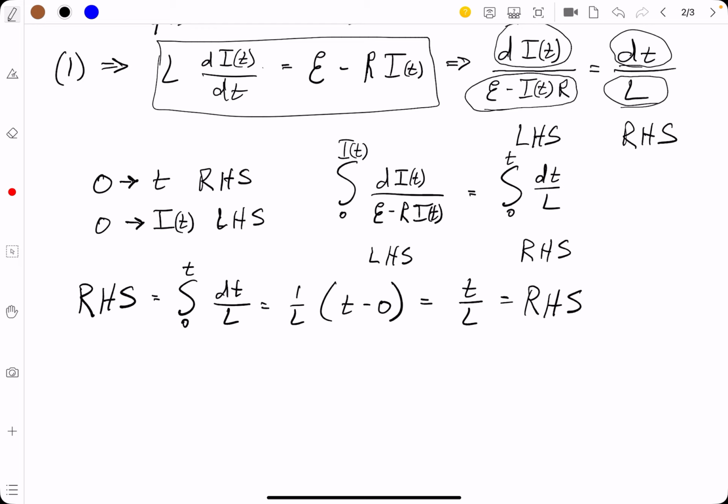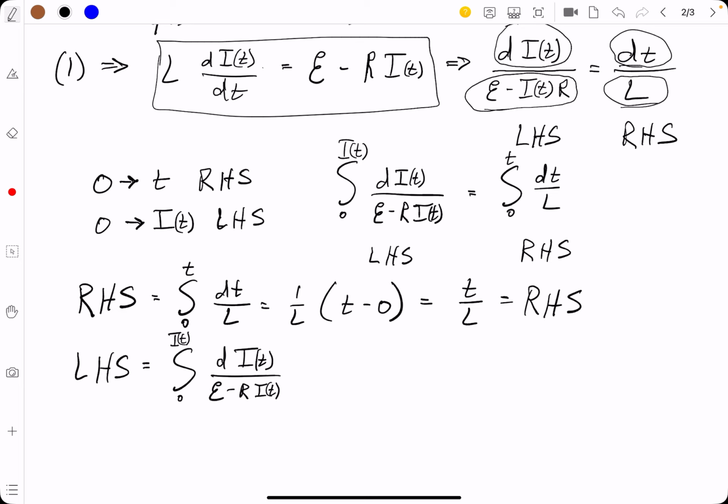Let's do the left-hand side. The left-hand side, 0 to I of t, di of t over our EMF minus R times our I of t. We've got to do a little substitution, okay?